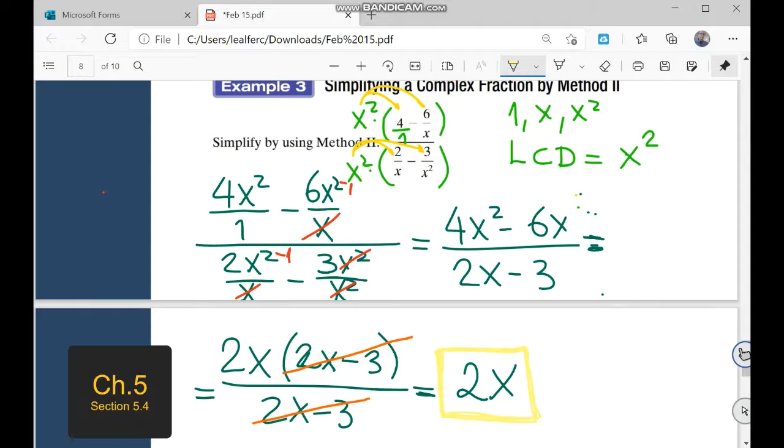And method number 2, I think, is better when you have more than one fraction on the numerator or the denominator. Then instead of working it out and making this a single fraction, it's better to just find the least common denominator and apply method number 2.